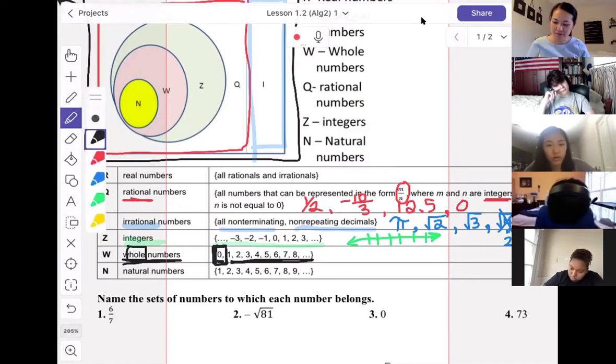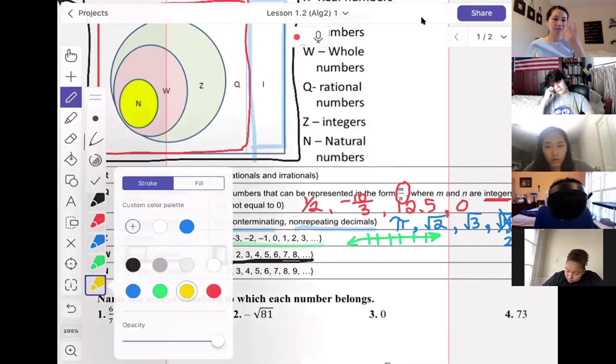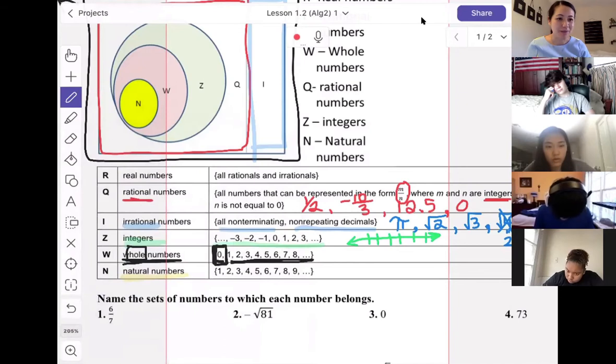Whereas your natural numbers do not. Your natural numbers are just the numbers you naturally count with. So 1, 2, 3, 4. I'm already teaching my baby numbers, so I'm using his fingers, like 1, 2, 3, 4, 5. So these are your natural numbers.